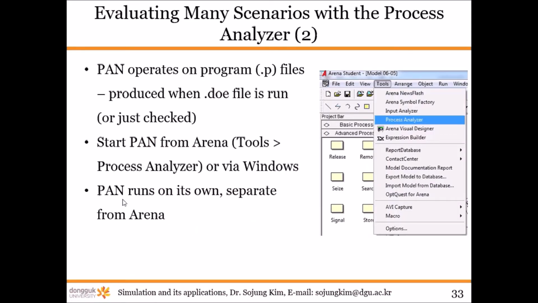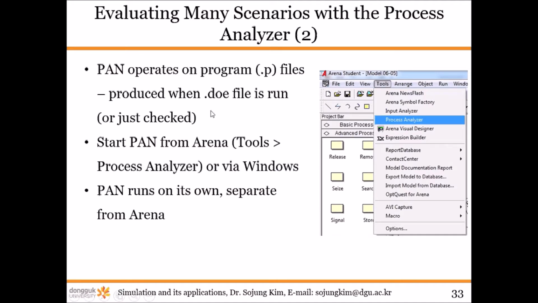Right. So if you go to the Arena and click this process analyzer, you can open the process analyzer. However, before you do that, you have to run your simulation model first, so that you have a .p file, which is produced from your .do file.